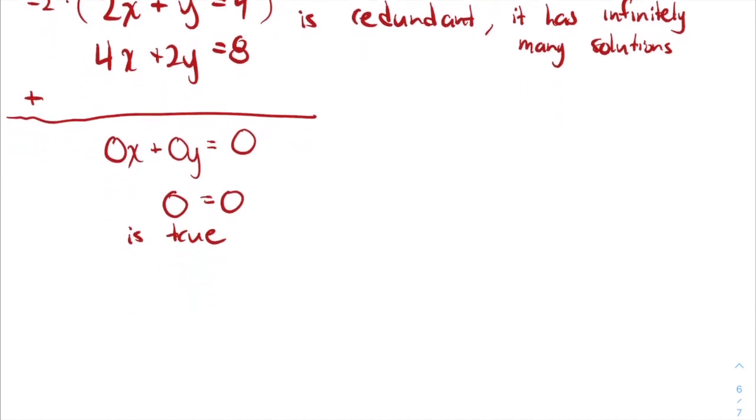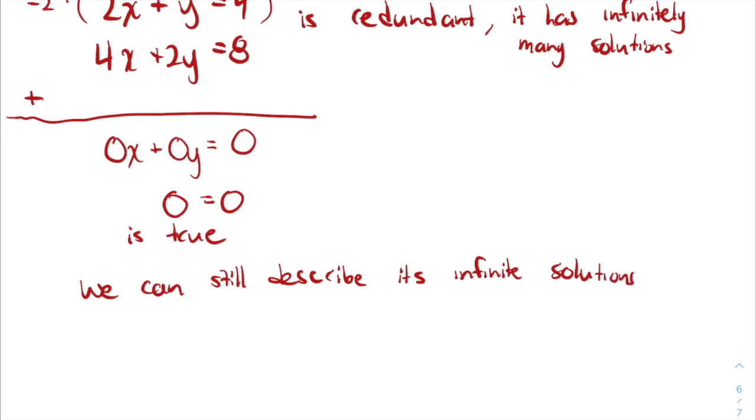And although we might have infinite solutions, we can still describe its infinitely many solutions. And we can describe it as y equals -2x plus 4. Where did this come from? This y equals -2x plus 4 is what we would get if we rearranged either of our equations into that y equals form.